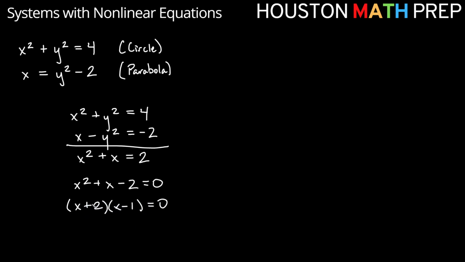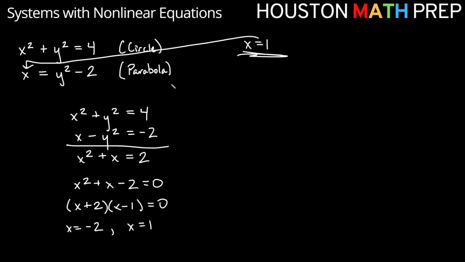So if you set each of these factors equal to 0, if you set x plus 2 equal to 0, that's going to give us negative 2 for one of the x values. That might work. And then x minus 1 equals 0, that will give us x equals 1 as something that might work. And so let's check out both of those. So if we look at x equal to 1, maybe I'll go ahead and put that into my parabola.